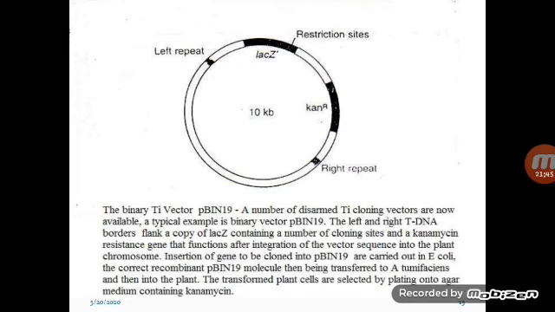The lacZ gene is also present in this vector. The kanamycin resistance gene and different restriction sites are also present, and I shared this just as an example of a binary vector. This vector can be used for transformation through Agrobacterium tumefaciens.